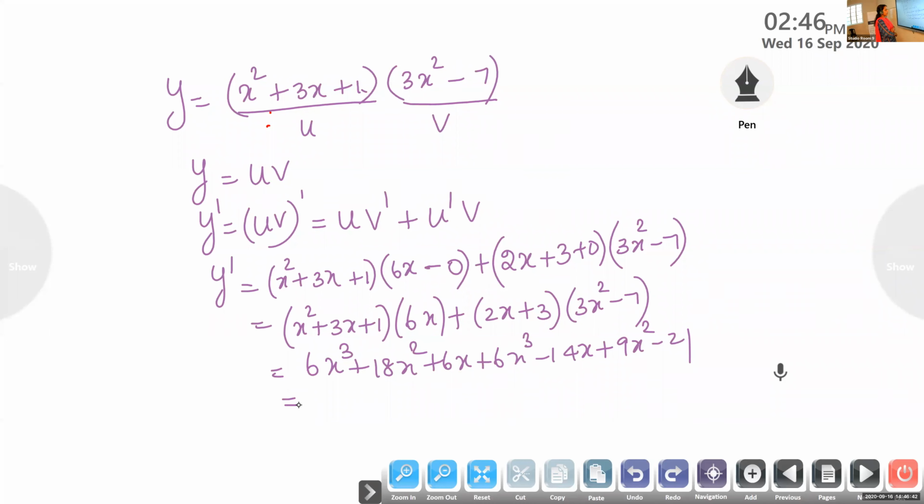Group all the like terms, simplify and give the answer. What is the answer? Aishwarya, feeling sleepy?